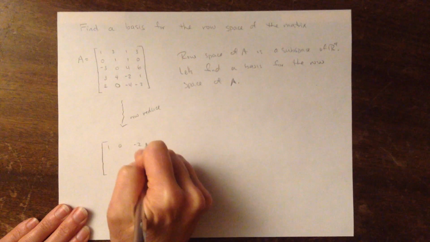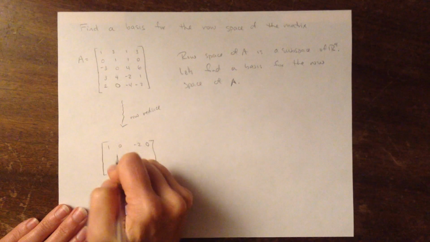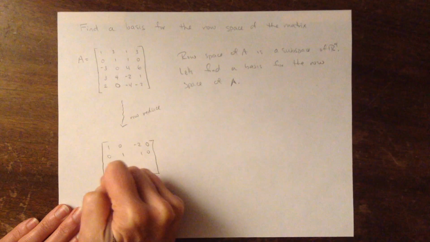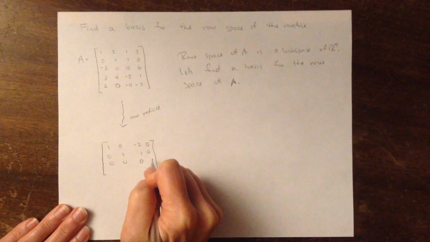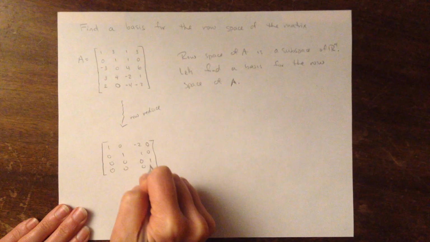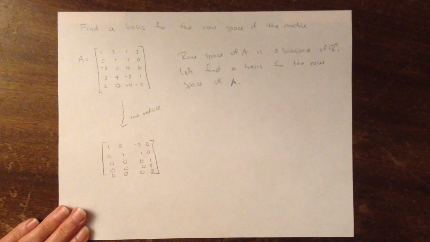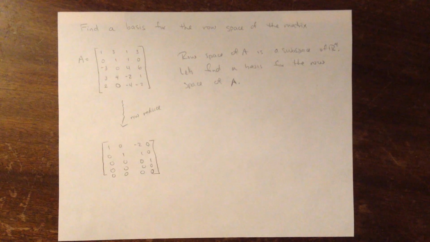1, 0, -2, 0. 0, 1, 1, 0, 0, 0, 0, 1, 0, 0, 0, 0, 0, 0, 0, 0. So if you row reduce this thing as far as you can, this is the matrix you'll get.